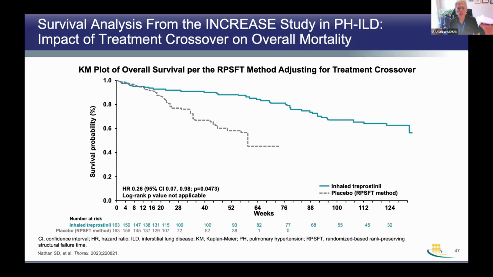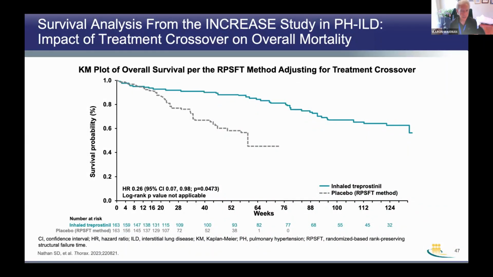And this is a plot using what's called the RPSFT method, which stands for rank preserving structural failure time. And this estimates the survival time gained or lost by receiving active treatment versus those on placebo. The model makes an assumption that active therapy is acting on longevity by multiplying survival by a given factor once a patient starts receiving the treatment.